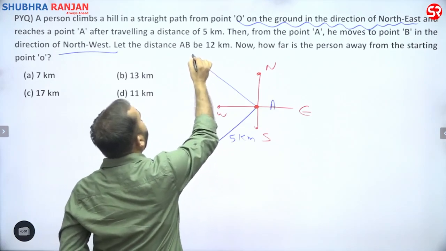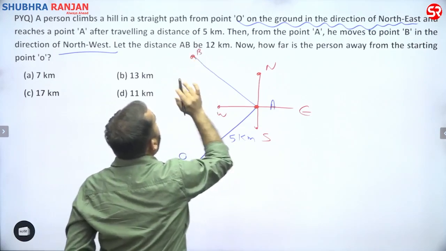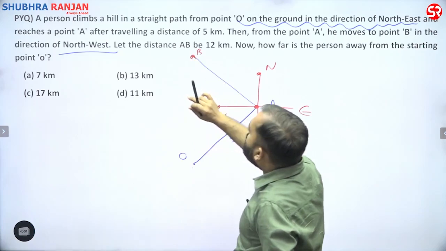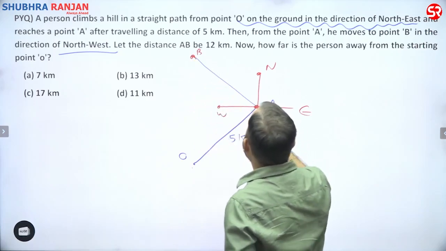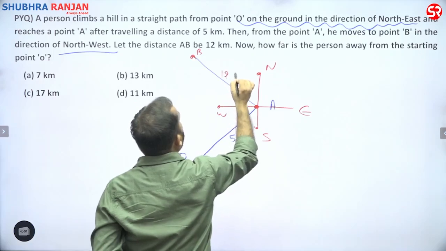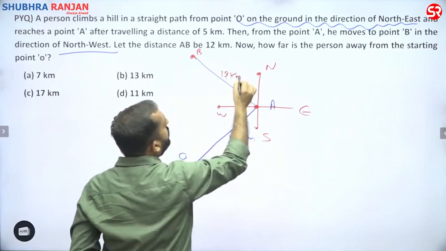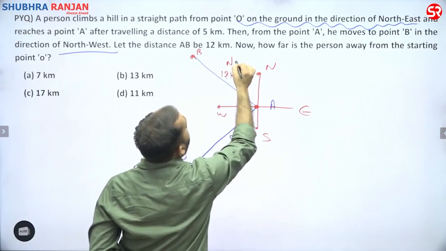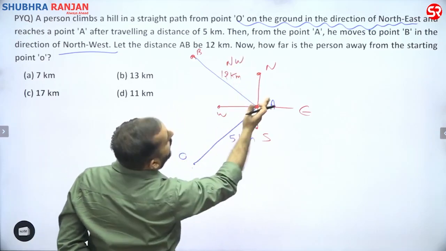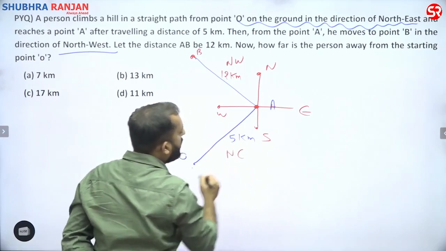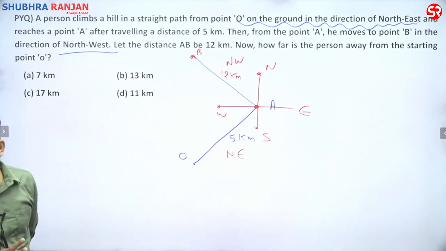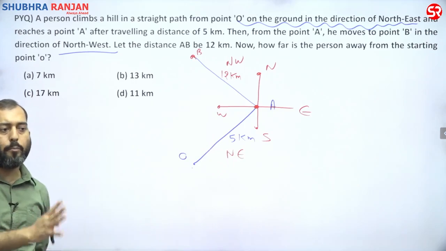Let's say this point is B. Let the distance AB be 12 kilometers. So A to B, this distance is 12 kilometers. A to B, this direction was northwest, and from O to A, the direction was northeast. So this is the diagram. Any doubt, guys? Any point which is not clear?